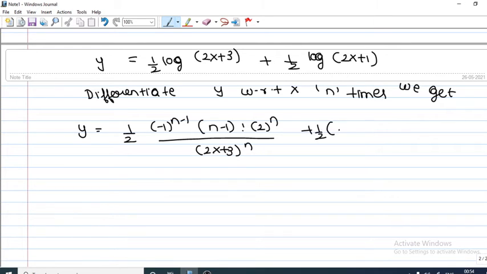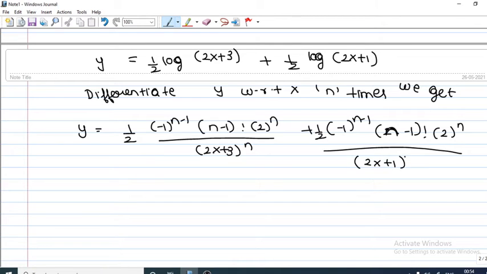Similarly, 1 by 2 minus 1 power n minus 1, n minus 1 factorial into 2 power n, the whole upon 2x plus 1 the whole power n. So this is our answer.